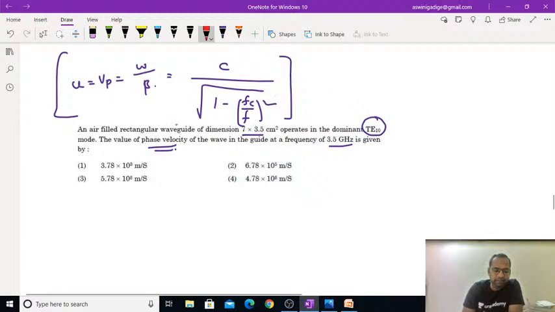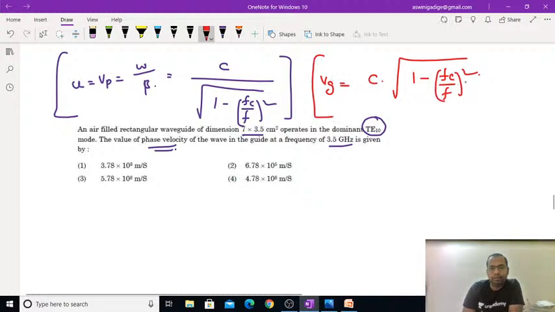Of course that is not given here, but please note down all these formulas. While coming to the group velocity, the formula is C into root of 1 minus Fc by F whole square. It is the group velocity formula. Okay, so now multiplication of the phase velocity and the group velocity becomes equal to what, guys?